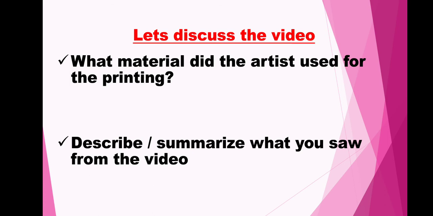After that, the artist further arranged or planned the way she would do her printing. From there, she started pressing the block on the paint and applying it on the surface on which the printing was to be made. So this is what I observed from the video.